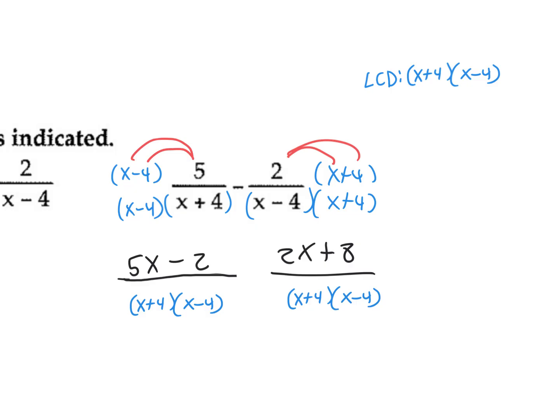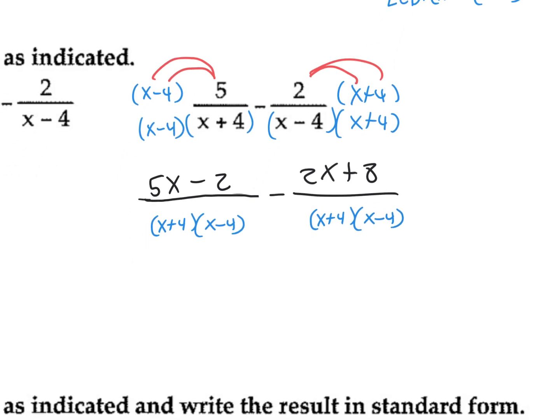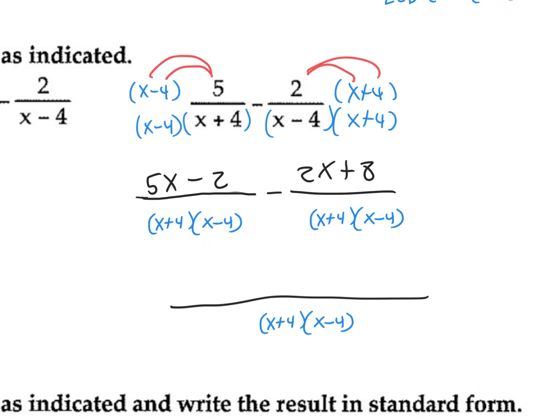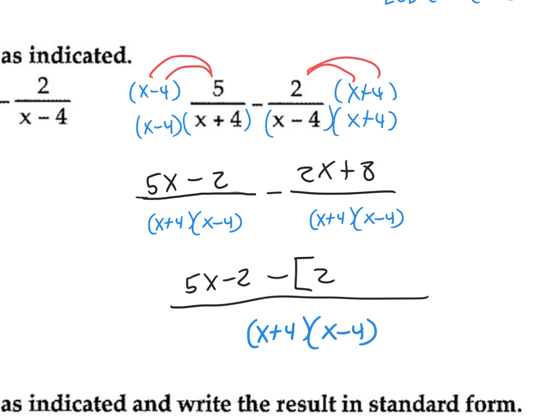So that is subtraction. Now we must be very careful because it is true that this will consolidate into a single fraction that does indeed have the common denominator that we wanted, right? However, we need to be very meticulous because it will be 5x minus 20 minus the entire quantity of 2x plus 8.